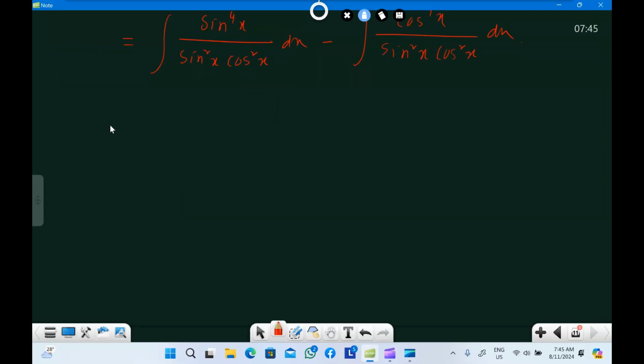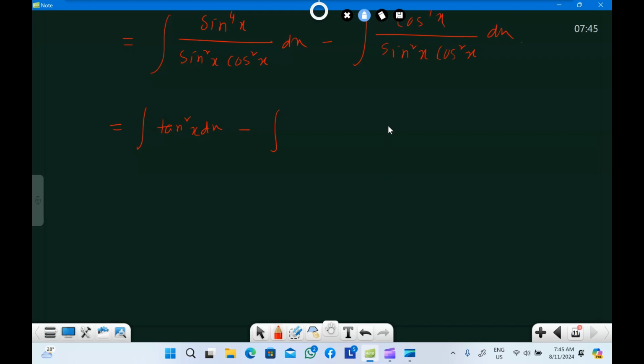So this is sine to the power 4 divided by sine square. So I can write this is now remaining sine square by cos square, and that is tan square x dx, minus integration of here cos square by sine square.